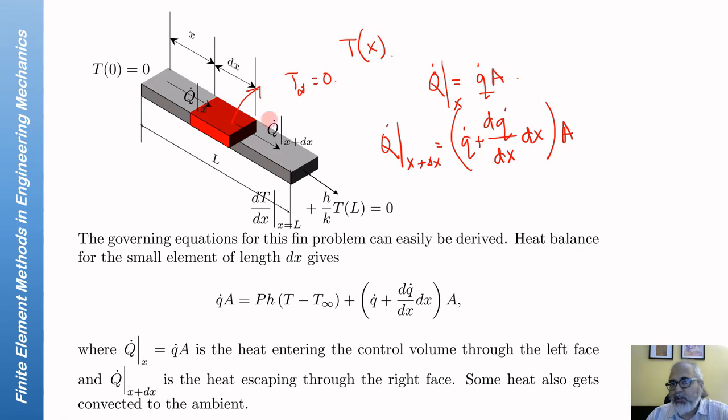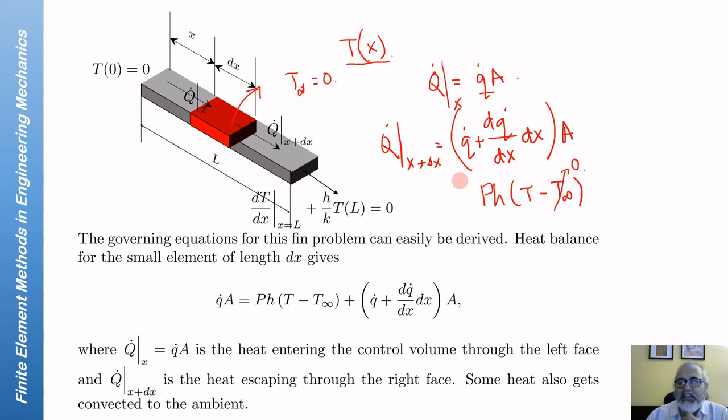That means the whole cross section is at the same temperature T(x), so the wall temperature is also T, and therefore the heat escaping is h times T minus T infinity, where T infinity we have taken to be 0. This is the heat escaping per unit area, and then you have to multiply it by P in order to get the heat escaping through the entire perimeter of the system.